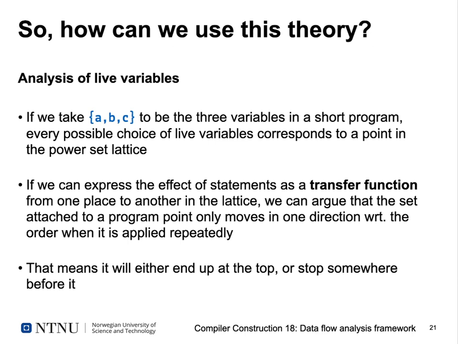So essentially what we do is we map these sets of variables to such a Hasse diagram in our lattice here, and then we can figure out if the changes we apply to the sets of variables are actually compatible with the lattice order we defined. And this means it will either end up at the top or it will stop somewhere before the top.